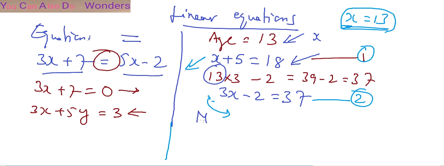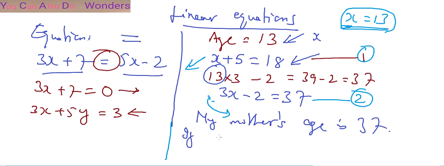Then he can say my mother's age is 37. Thrice means 3 times.